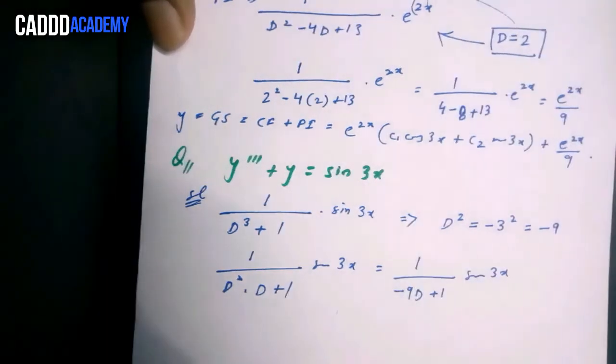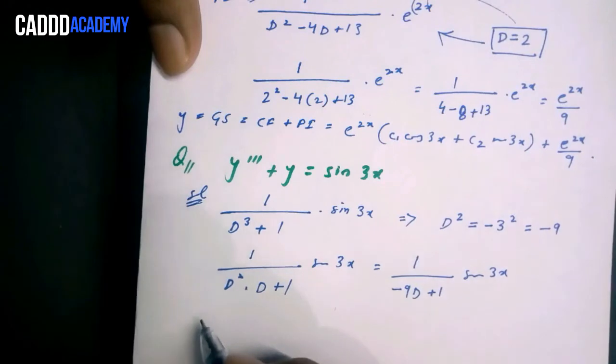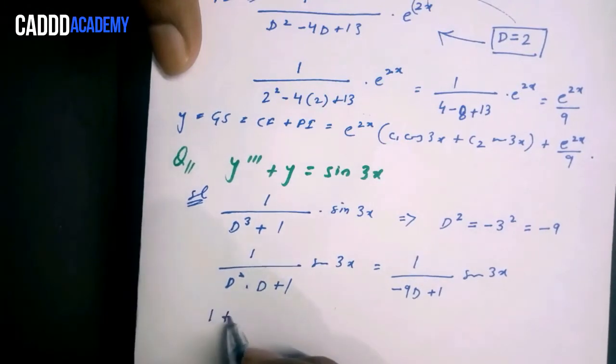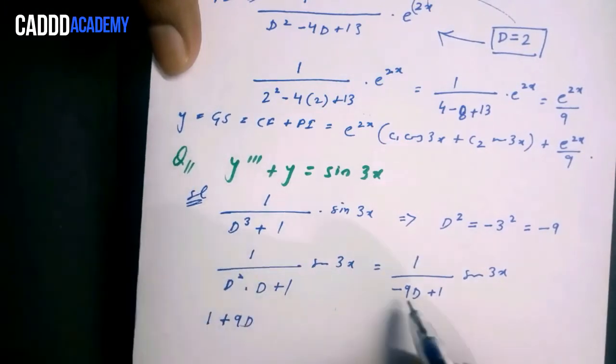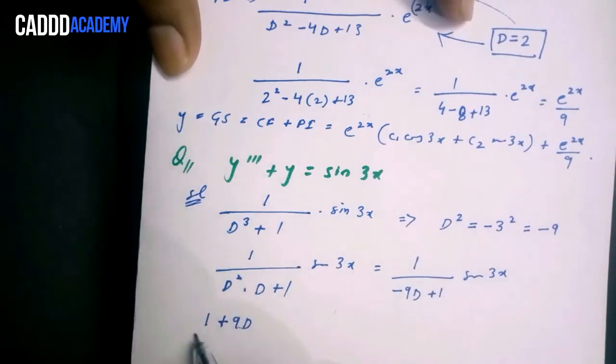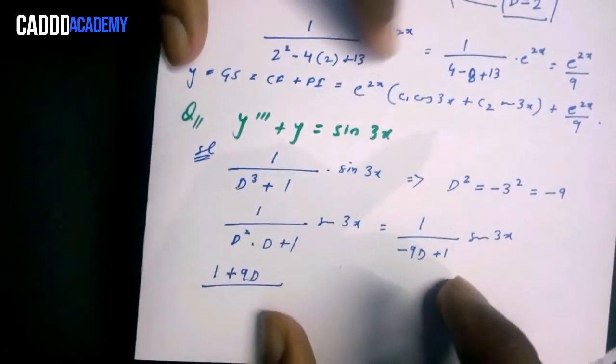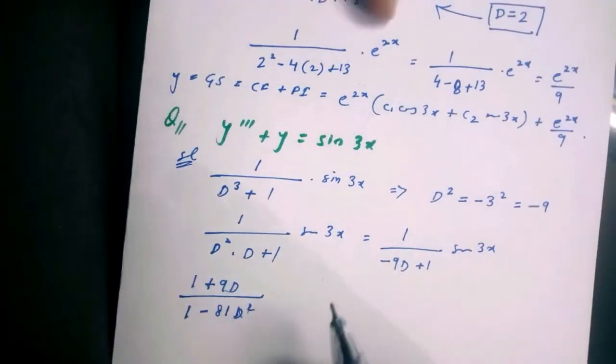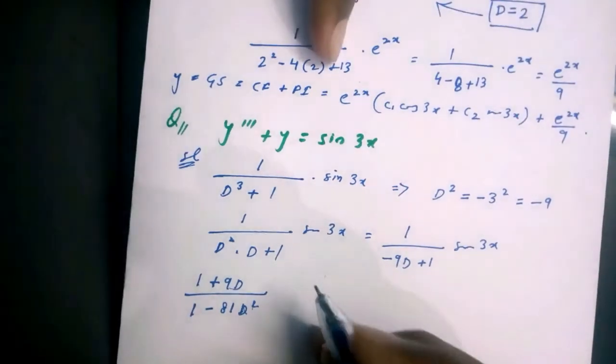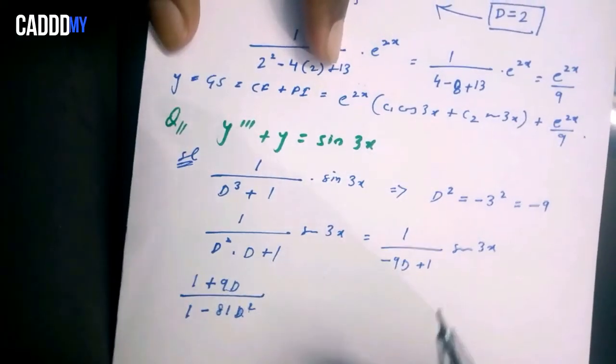Now we have D in the denominator, and for this we multiply the numerator and the denominator with 1 plus 9D.